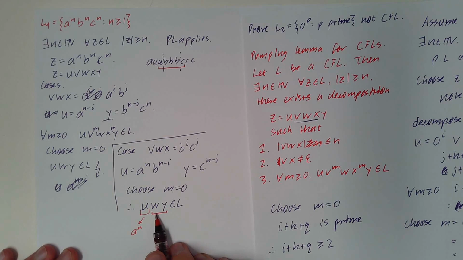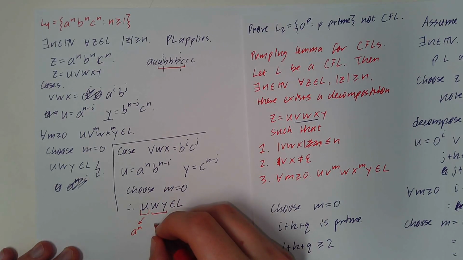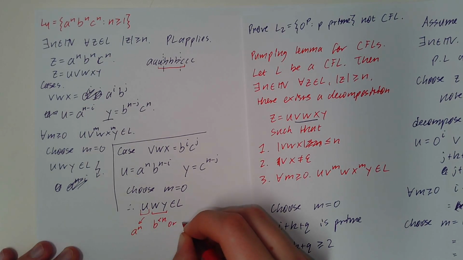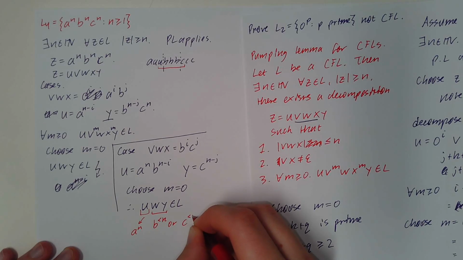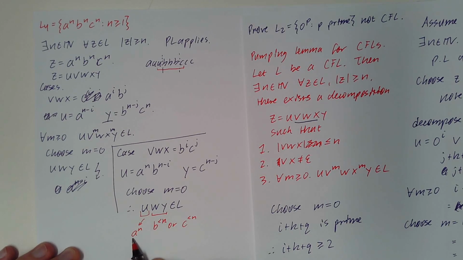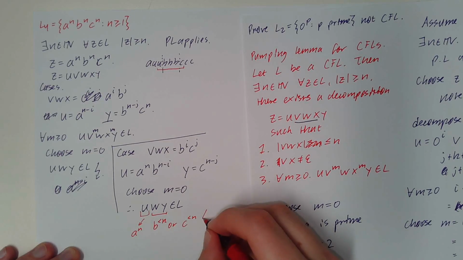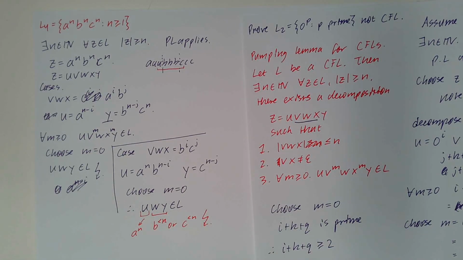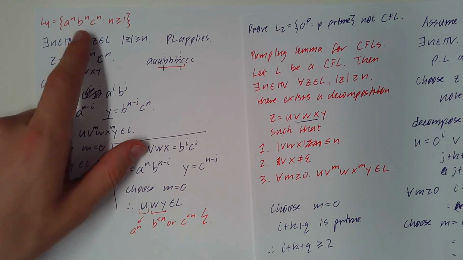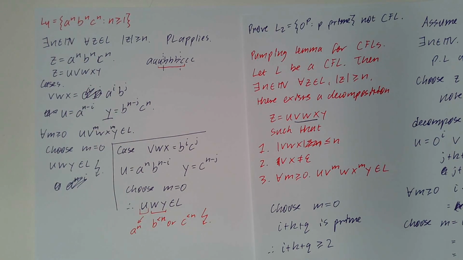Well, if we deleted the v and the x, we had to have deleted at least one B or at least one C. So this is going to have fewer than n B's or fewer than n C's. And in either case, this is going to unbalance the number of B's and C's relative to the number of A's. So it's not going to be in this language. So again, we get a contradiction. So in either case, we get a contradiction. Therefore, we made a bad assumption, so this language here cannot possibly be context-free.